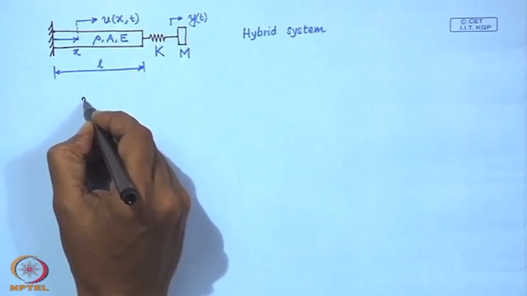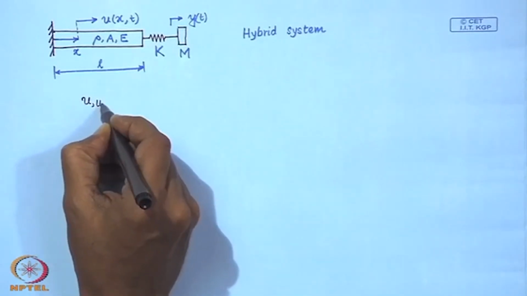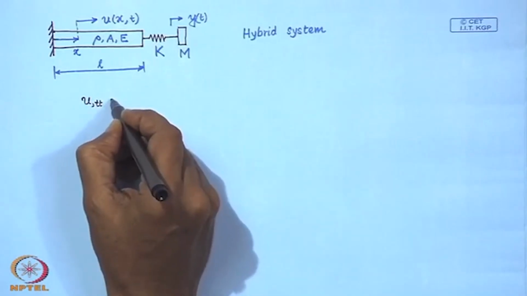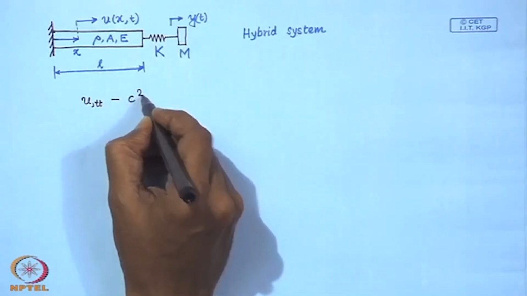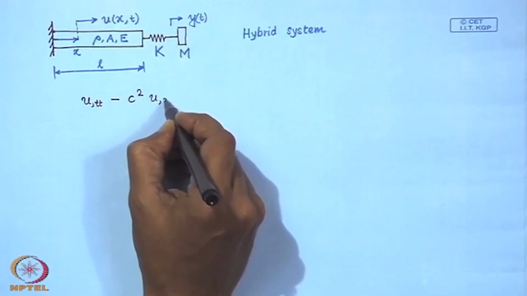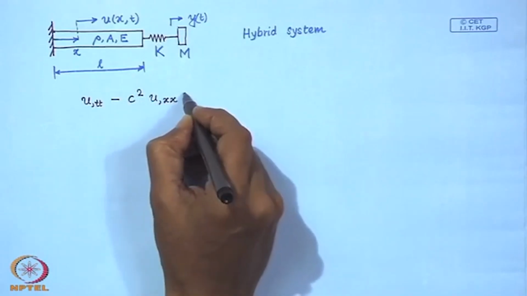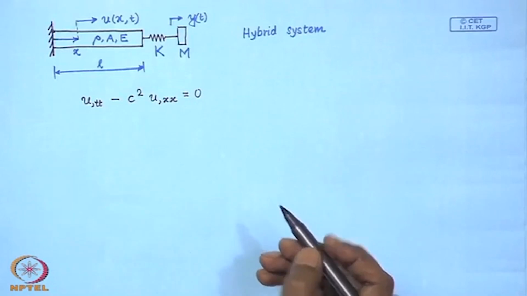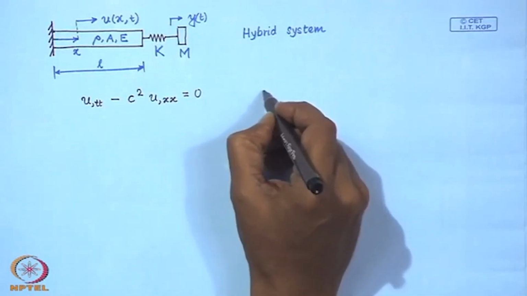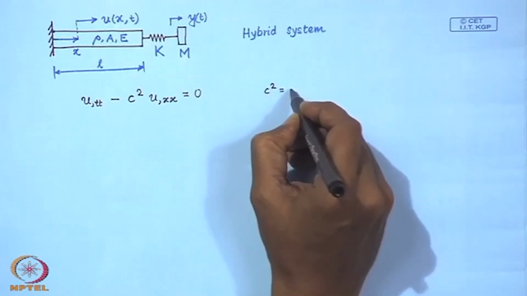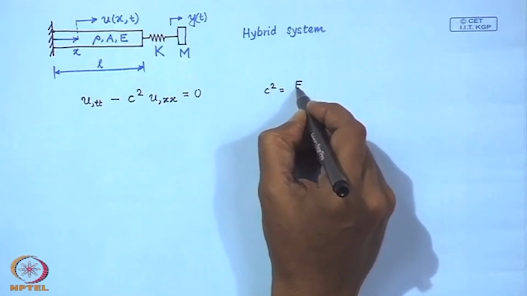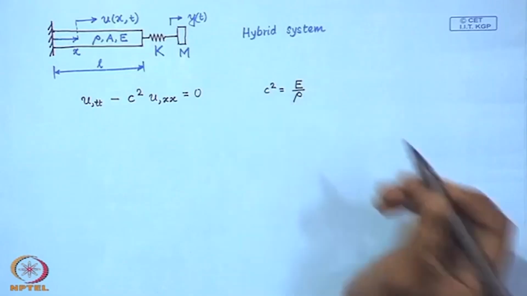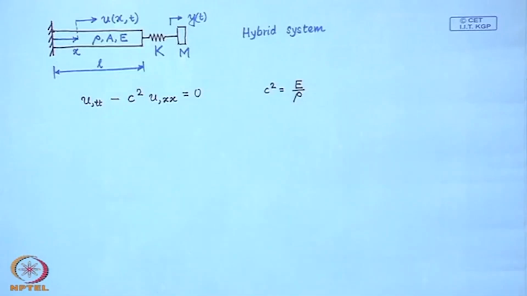For the bar, the equation of motion can be written directly in this form, where c square is E over rho.